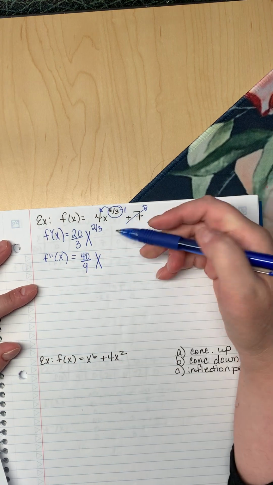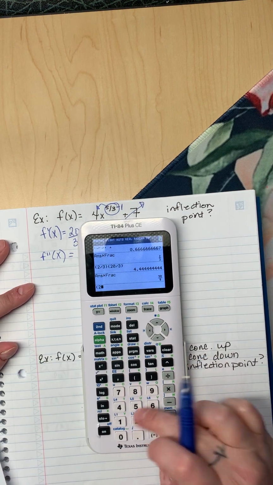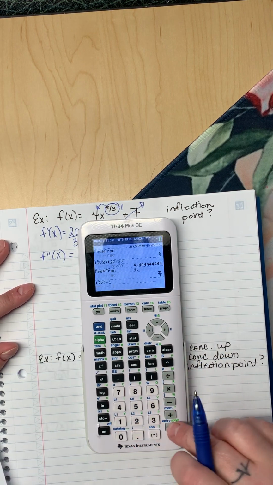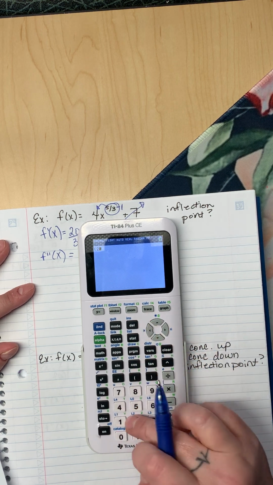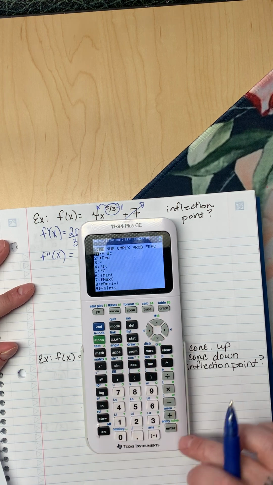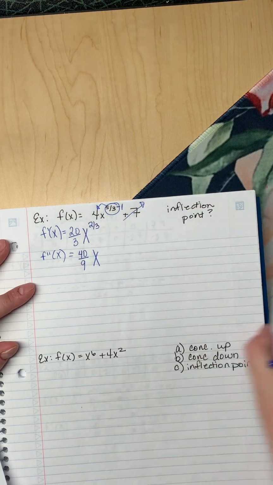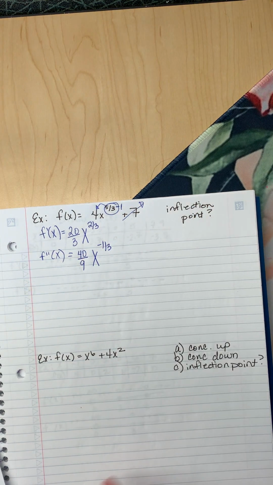X to the whatever 2 over 3 minus 1 is. So let me find 2 divided by 3 minus 1 equals negative 1 over 3. Okay, so we found our first and second derivative.